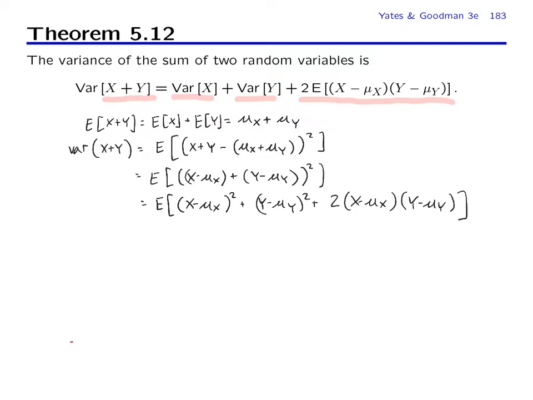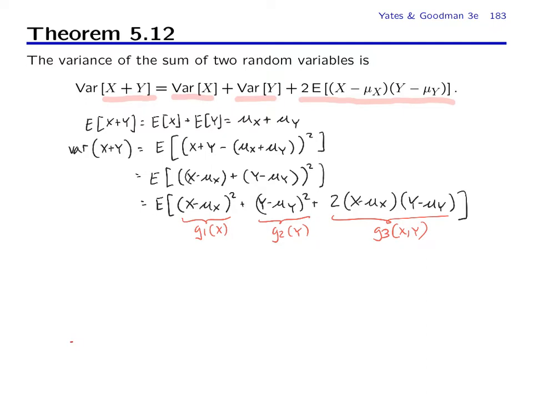And then we have to think about this just a little bit more and realize, like, oh, this is like a g1 of x, and this is a g2 of y, and this is a g3 of x and y.